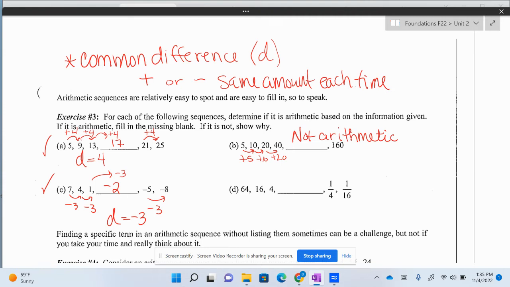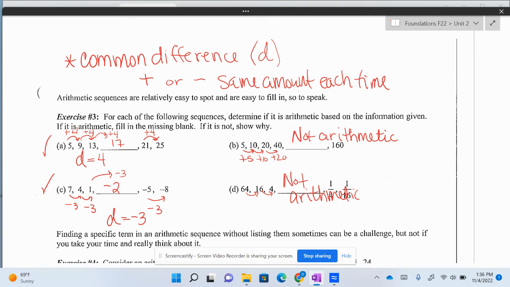What about example D? What do you think, Parker? Yeah, how come? Yeah, I'm not adding or subtracting the same amount each time. What's happening here?